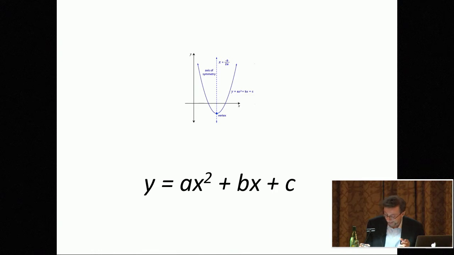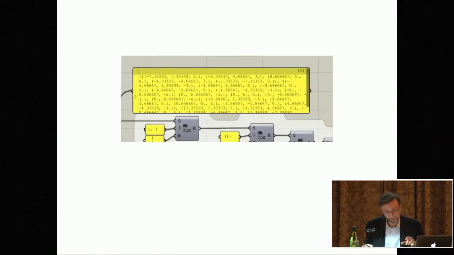But this is not the way a digital computer would do the same job, because a computer, I mean the machine, would write down a very long, dumb list of numbers that in pairs of x and y describe each one of those points, one by one, as many as needed.